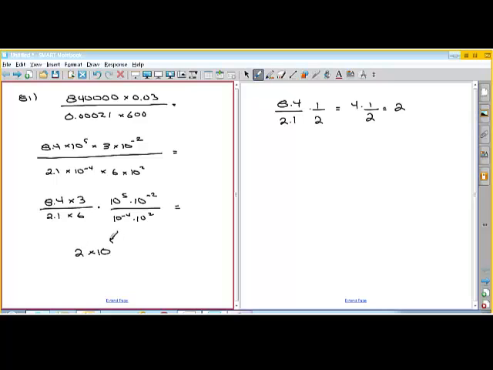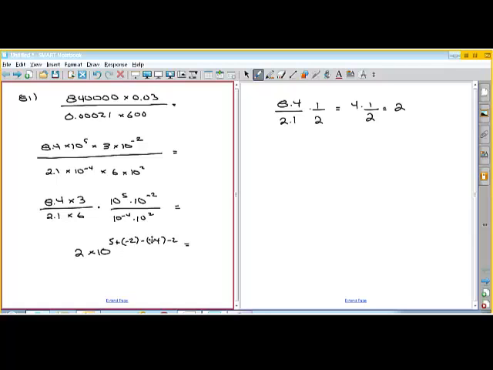And then we have 10 to some power. So we take 10 to the 5th, we're going to add the exponents, and we subtract the exponents that are in the denominator. So you got 5 minus 2, which is 3. Here we have plus 4.